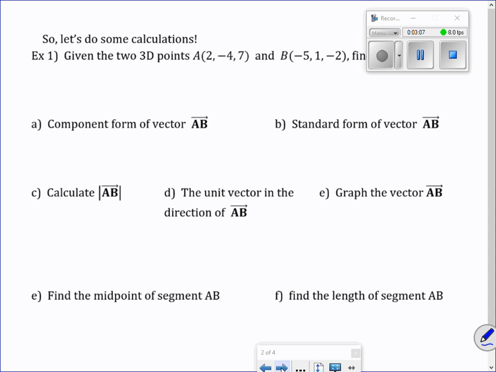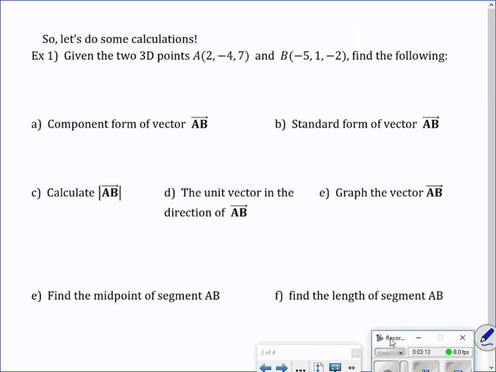All right, so here we're going to calculate some things that we've done in 2 dimensions, and now we're just going to have them in 3 dimensions. I'm giving you these 2 points, A and B. I want to find the following things, the component form of vector AB. So A is my initial point, B is my terminal point. I'm just going to subtract them to get the component form. So remember, I do B minus A, the end minus the beginning. So -5 minus 2 is -7.